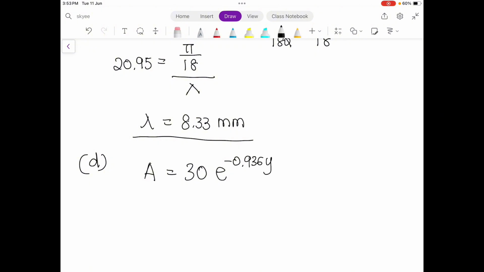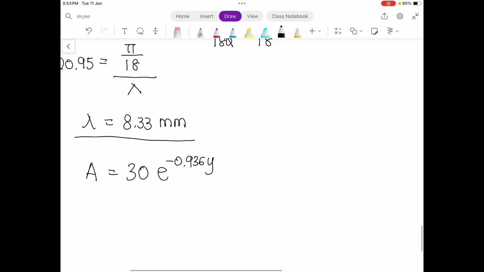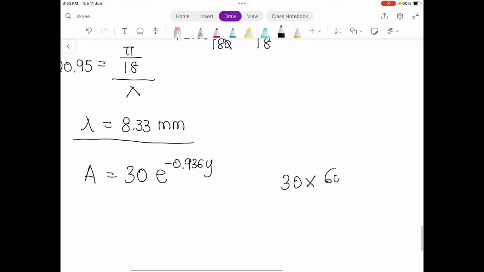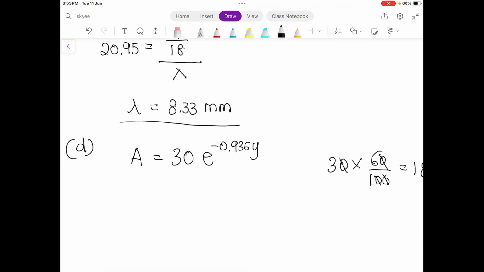So when the amplitude drops by 40%, it means that it's still left 60%. You can find out how much is 60%, which means that it's still left 18 volts.